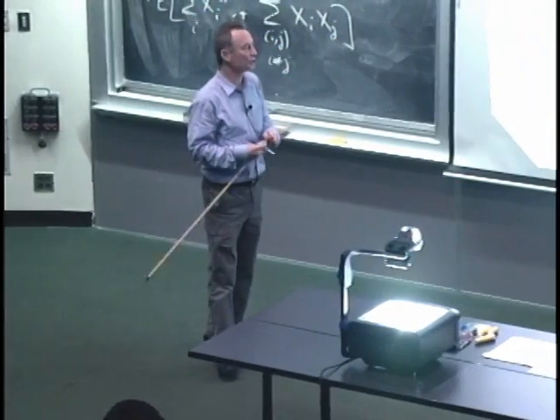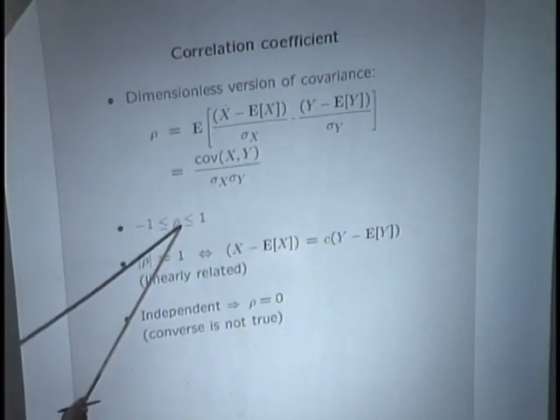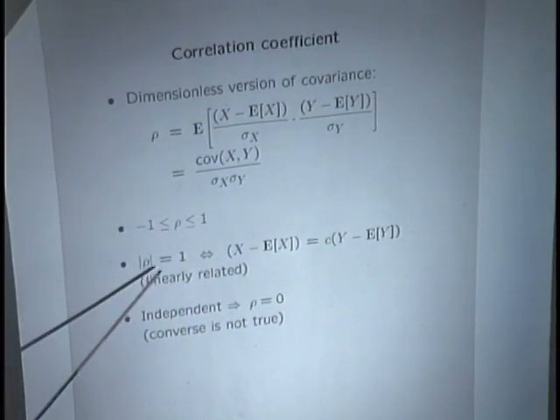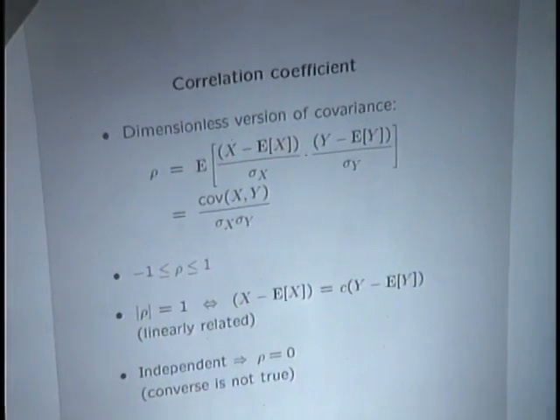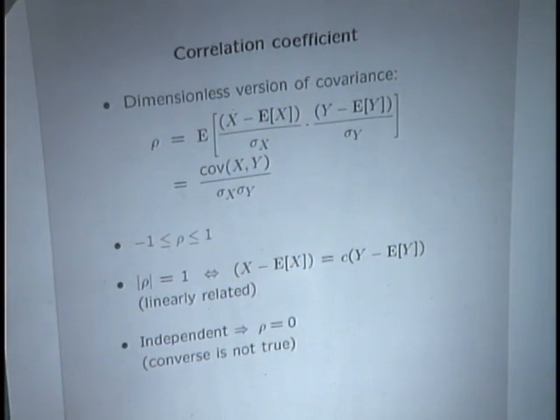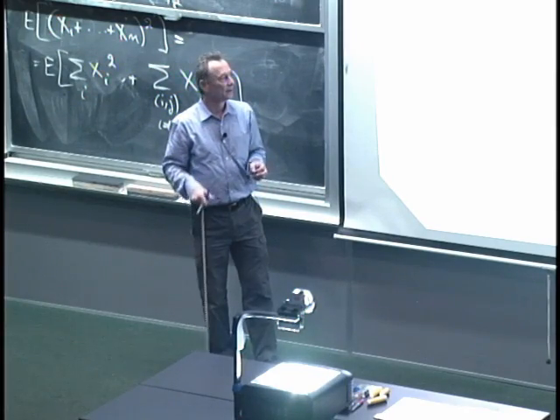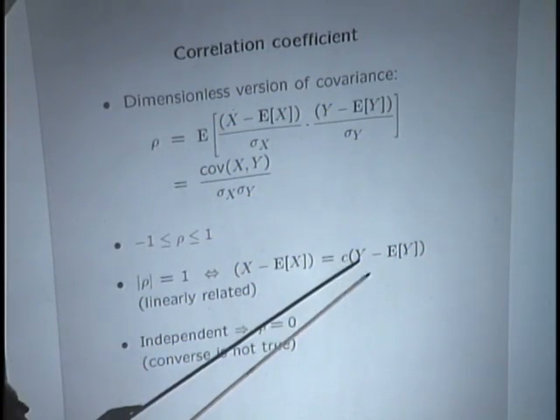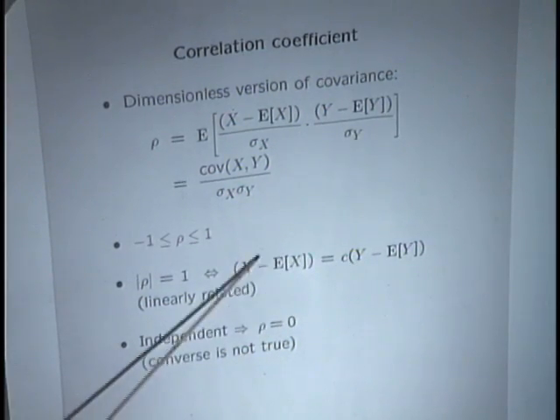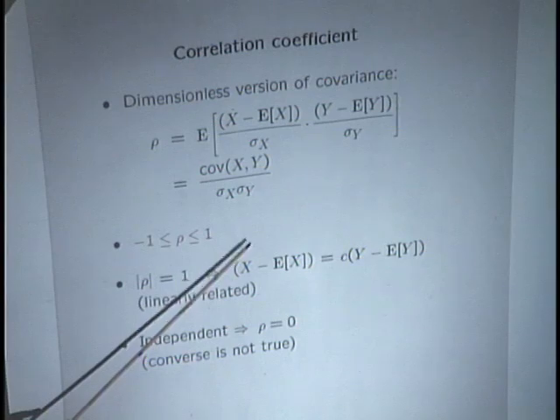And the extreme case is when rho takes an extreme value. When rho has magnitude equal to 1, it's as big as it can be. In that case, the two random variables are very strongly related. How strongly? Well, if you know the value of y, you can recover the value of x, and conversely.